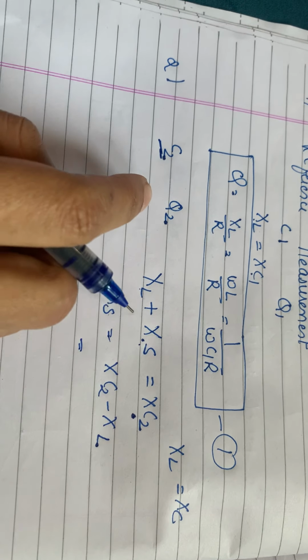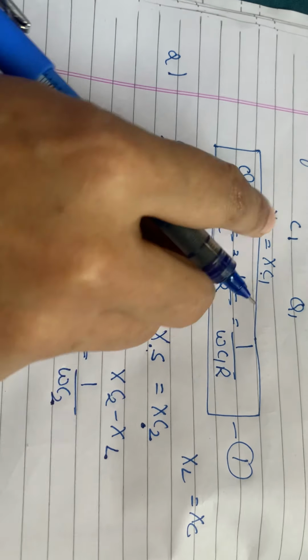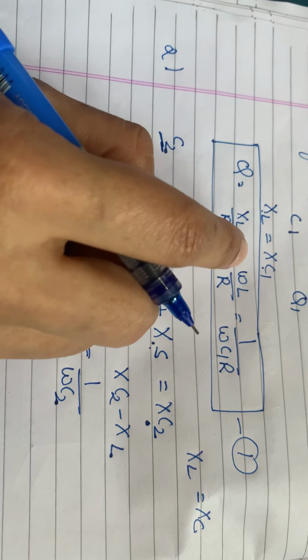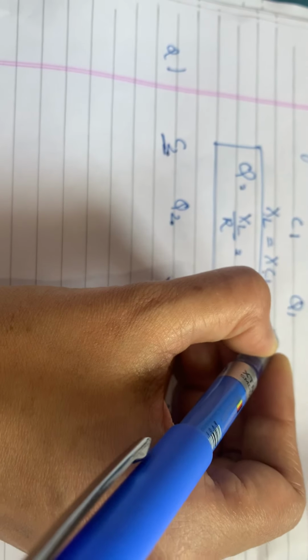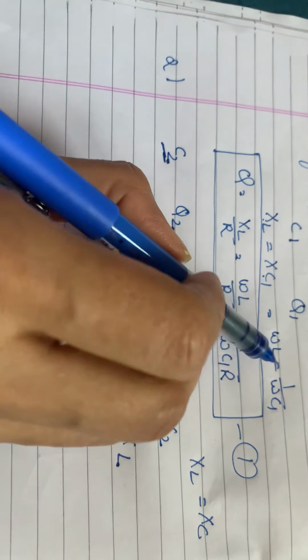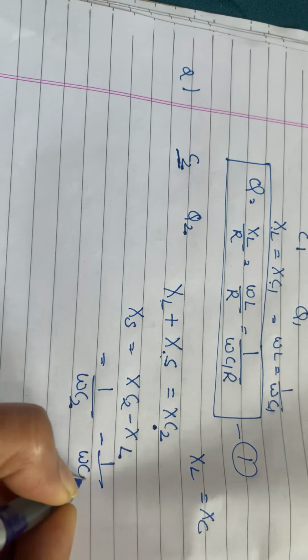Now XC2, we know it is 1 upon omega C2, and XL, from this equation, omega L is equal to 1 upon omega C1. So we'll just simply write 1 upon omega C1 in place of XL.